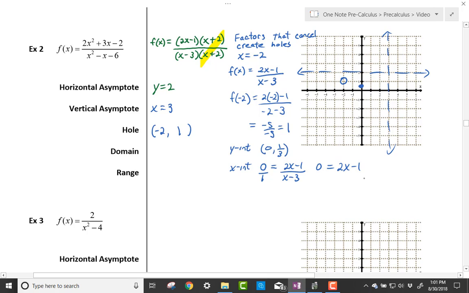Remember what I told you on the last example? Your x-intercepts always come from the numerator of the rational function. I could have just set 2x minus 1 equal to 0 right away and found my x-intercepts. I'm going to add 1 to both sides. That's 2x equal to 1. Divide out the 2, and I get x equals 1/2. So I have an x-intercept at 1/2, 0.